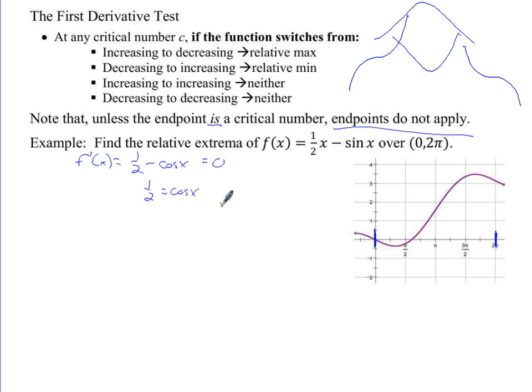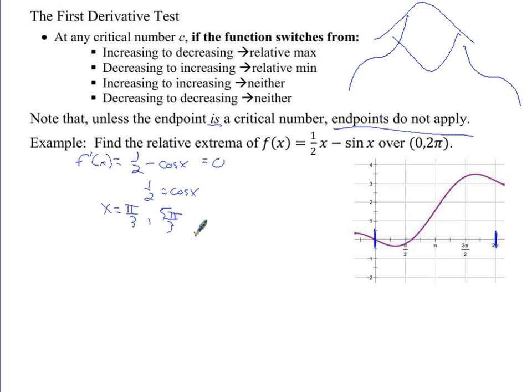So we're asking what x values give me a 1/2 when I'm working with cosine. X equals pi over 3 is one of them. 5 pi over 3? Okay. It's nice to have a unit circle. So here are my critical numbers.